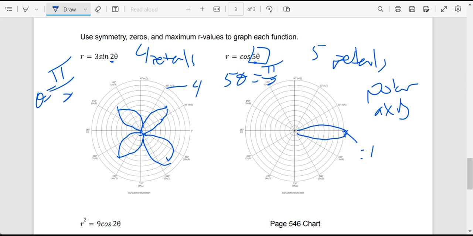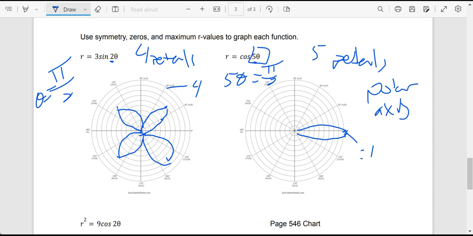When will cosine be 1 again? When it's going to be equal to pi. So at 5 theta equals pi, at pi over 5, you will get another, this one would be -1 actually.